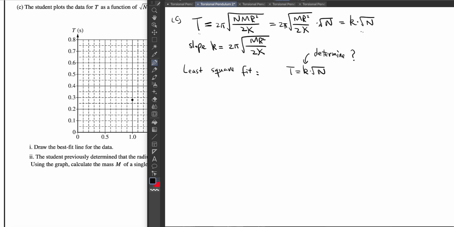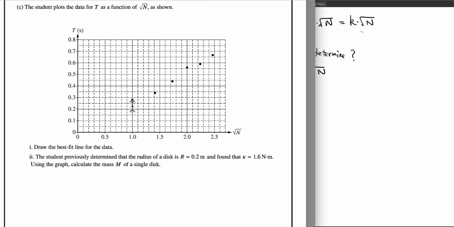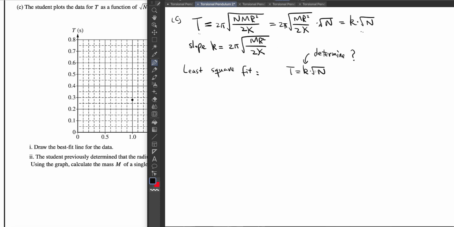And you know this n exactly, such as n equals 1, you know it must be 1 here for square root n. And let's say n equals 2, so that'll be 1.4, so it's about here, this dot here. And n equals 3, 1.7, something like that, this point. So for n equals 4, the square root is exactly 2, etc. So for square root n here, you can say there's no error in doing the measurement; you know that exactly.